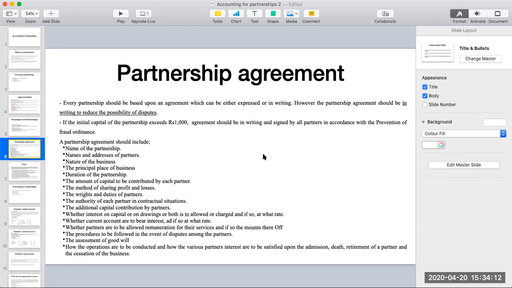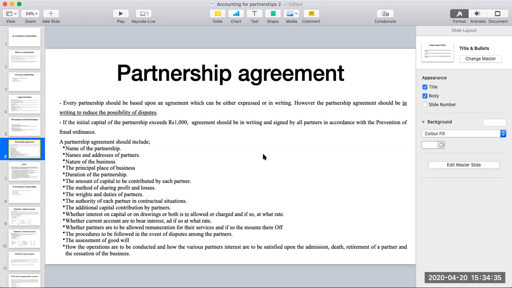So what are they? The additional capital contribution by partners. If any partners are contributing in addition to the capital they employed, what are the consequences? How they are being paid? What is the additional interest that is paid on capital?